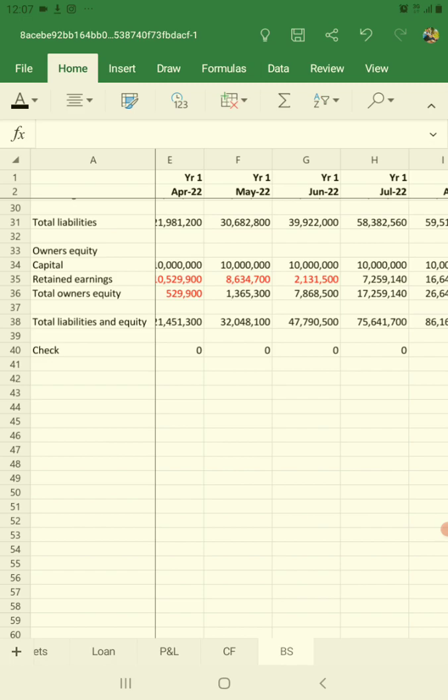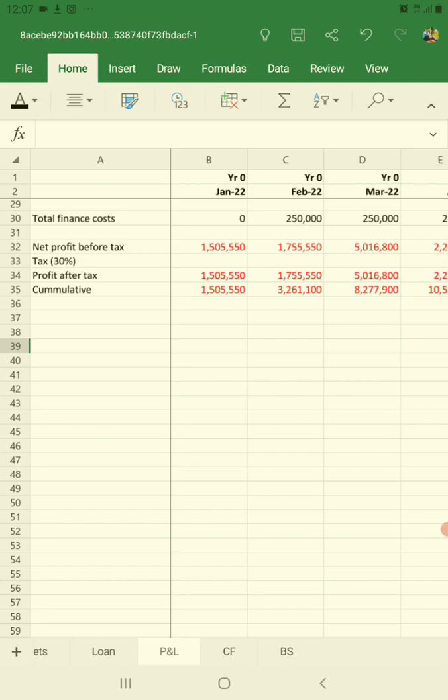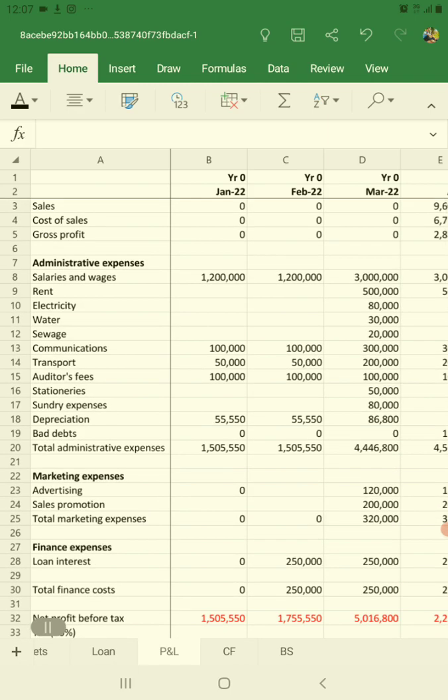Because when you do projection, let me demonstrate by going to the profit and loss sheet. You could start with projected sales, and these projected sales could be seasonal. So you start with January, February, and March.